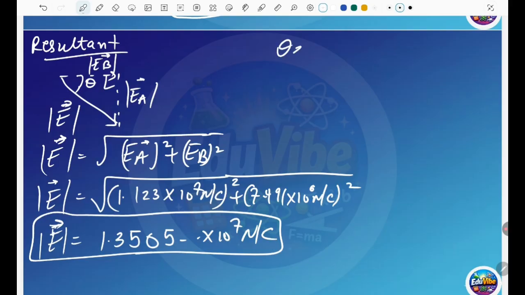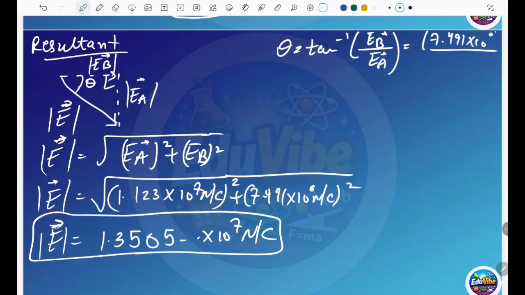For the angle, theta is equal to tan inverse of EB upon EA. Put the values in, which is 7.491 into 10 raised to power 6 Newton per coulomb, and 1.123 into 10 raised to power 7 Newton per coulomb. When you solve this, you get about 33.69 degrees.